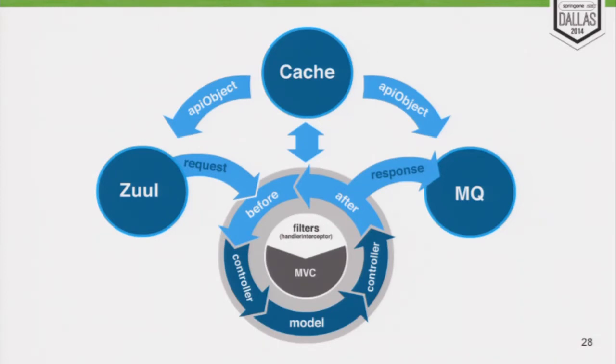It's the exact same API object. So when Zuul gets a call in, or your proxy or whatever, it will look at that URI and see all of the security, all of the rules, how it's going to be requested, et cetera, and it can reject right here, which frees up more requests, which frees up more processing, and doesn't even have to go on down to the application. It doesn't have to go down to your instances.